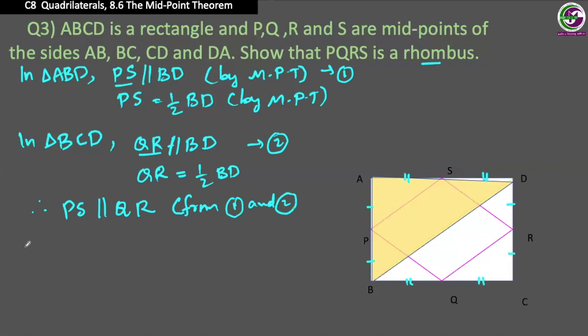Also, PS is equal to QR. Therefore, PQRS is a parallelogram. One pair of opposite sides are equal and parallel.